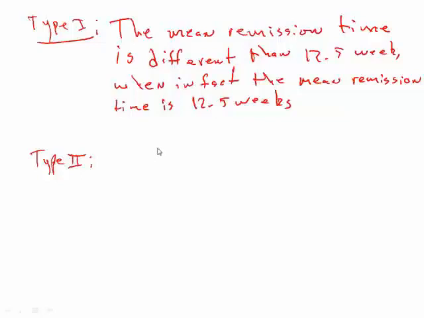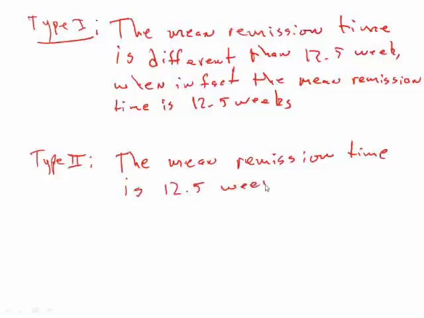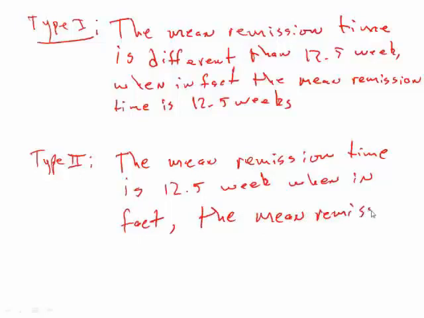So if you're failing to reject the null when the alternative is true, then what you're saying is that the mean remission time is 12.5 weeks, when in fact the mean remission time is different than 12.5 weeks.